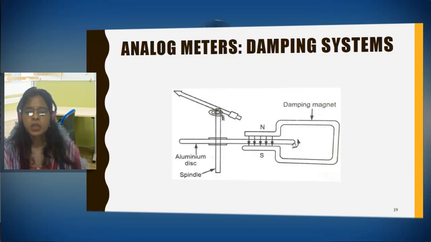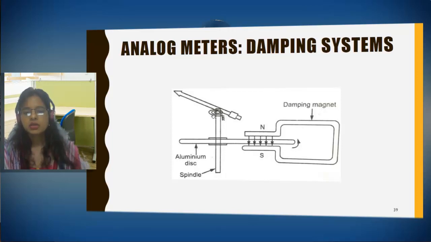Why? Because the production of EMF is due to a cause. The cause of this movement of the aluminum disc is the movement of the spindle. So whatever is the cause, it is rotating, right? And that rotation is stopped by the magnetic field of the damping magnet.